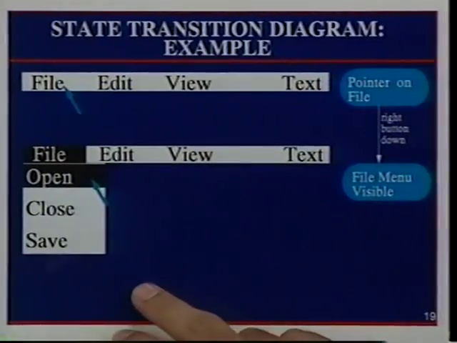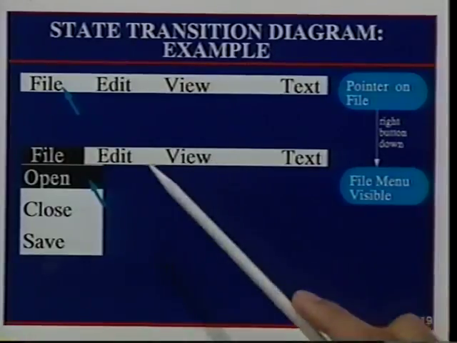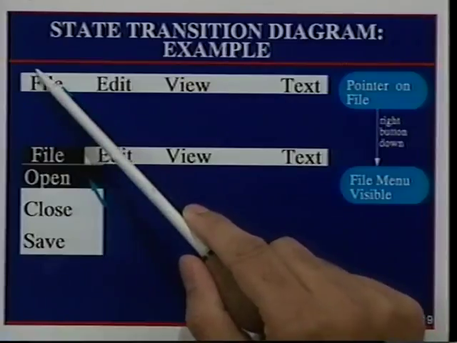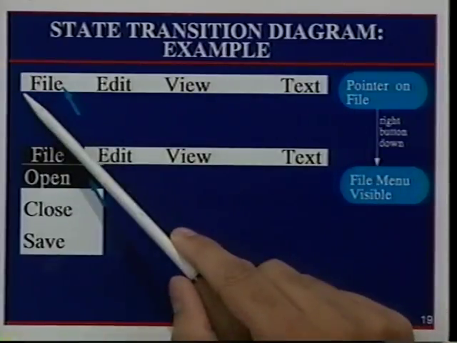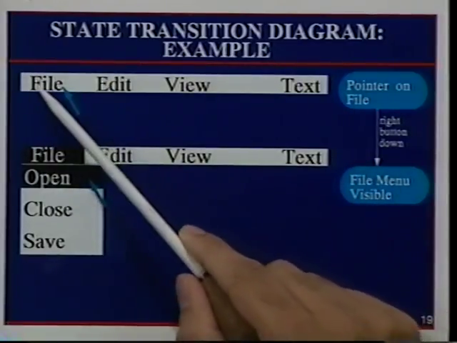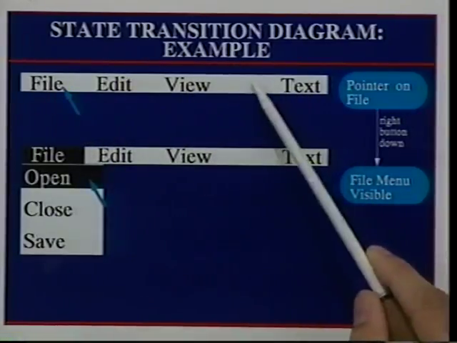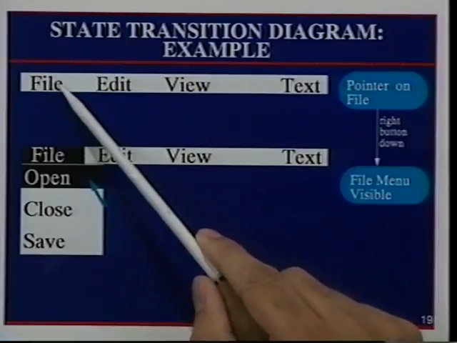This example shows this in a more clarified manner, where this is one state. Remember that these are all objects here. There is this menu object here, this file object, edit object, view object, text object. So in this state, I press a button on this file object.